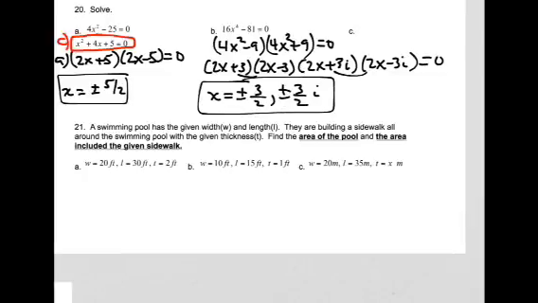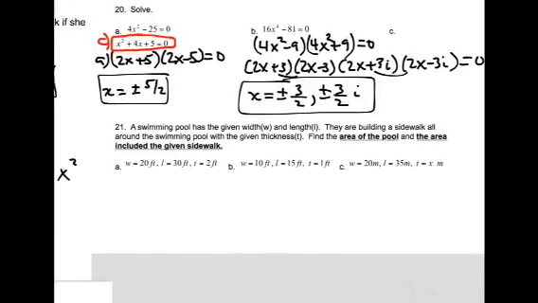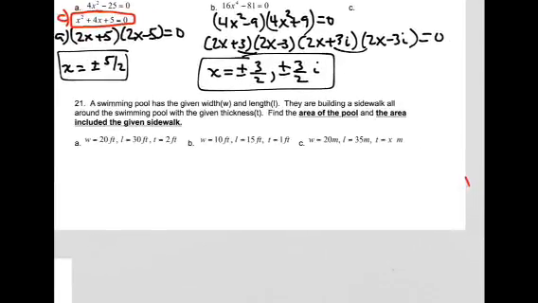Okay, so C is the one that I enclosed in that red color. So that one, I checked to see if it factors, and it doesn't. So we're going to use the quadratic formula. I'm probably going to need a little bit more space. I'll just do it right here.